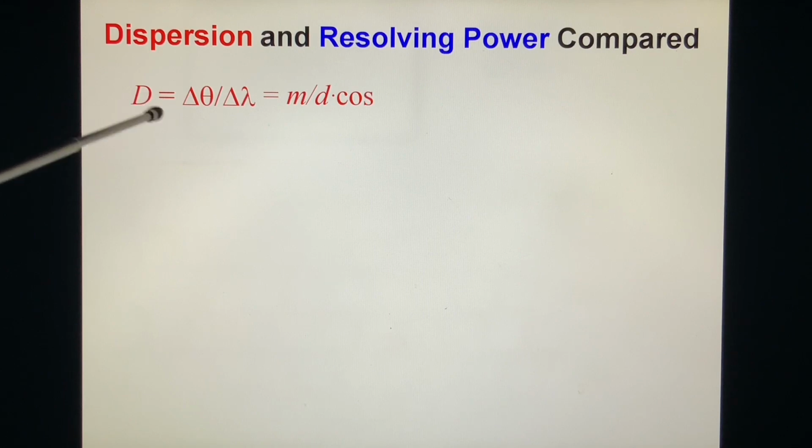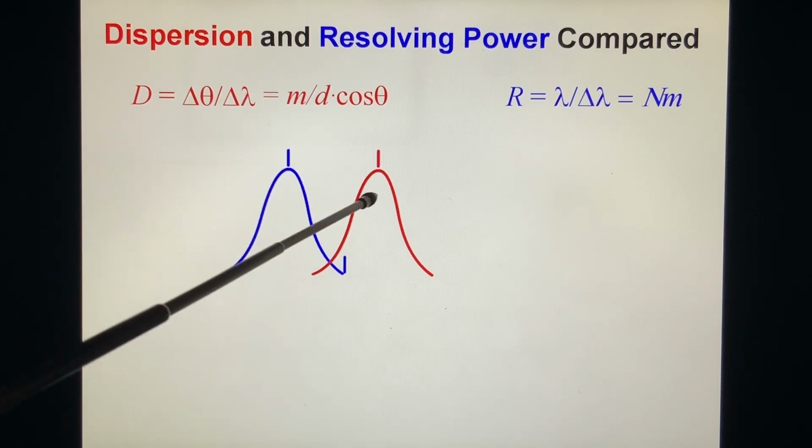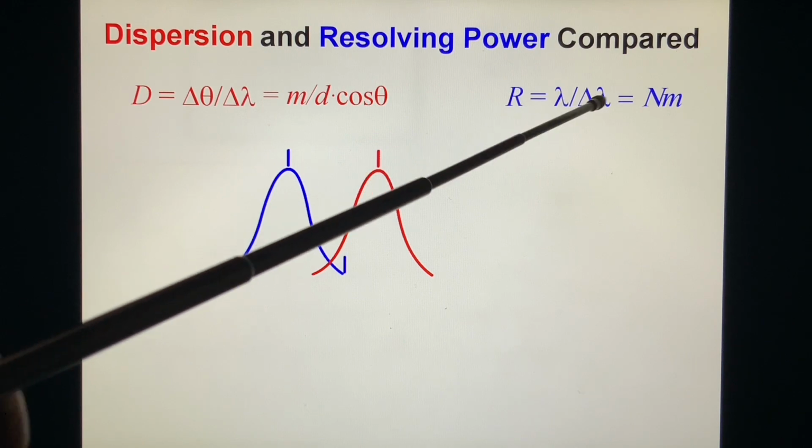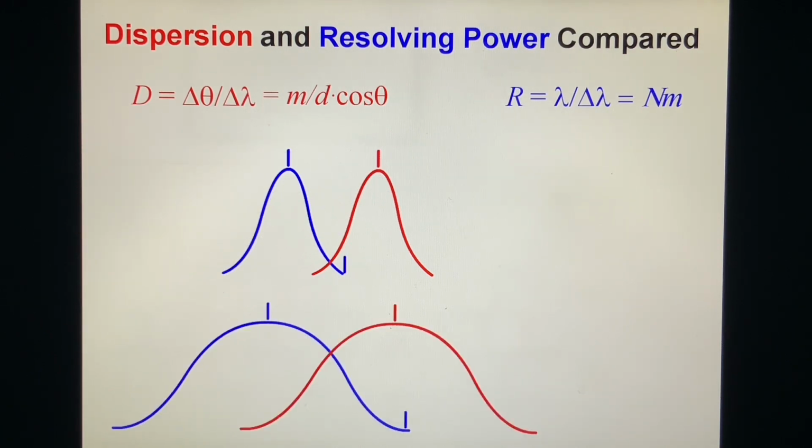The definitions are dispersion and resolving power. We look at two lines. They have the same delta lambda, one wavelength and another wavelength. We look at this situation. You see the separation?